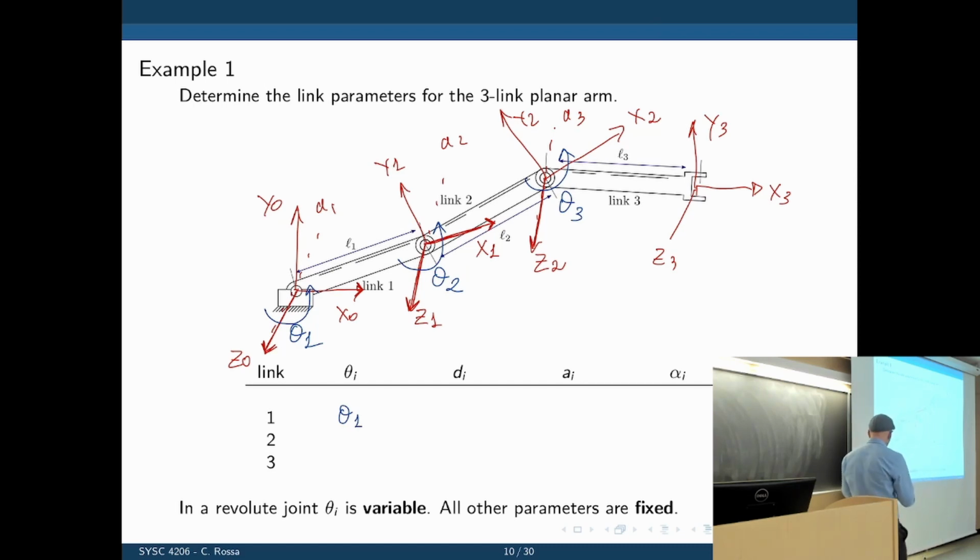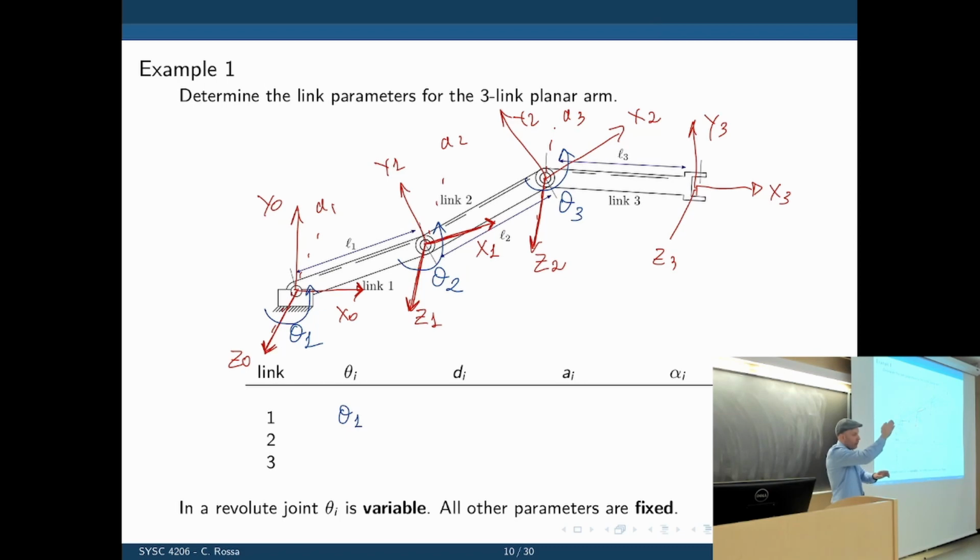So d is the translation of axes x2, x1, and x0 along z. Translation along z: there is no translation. They are on the same plane. So z is coming out this way.